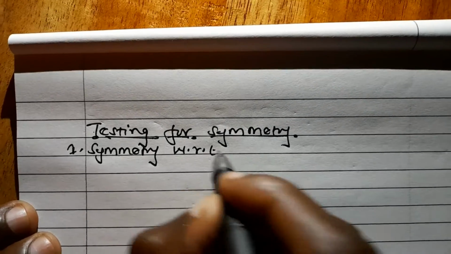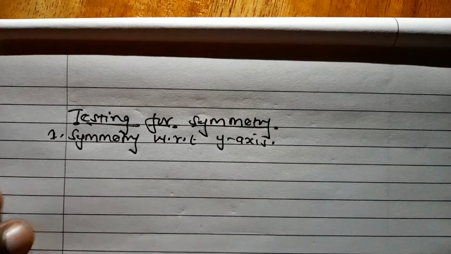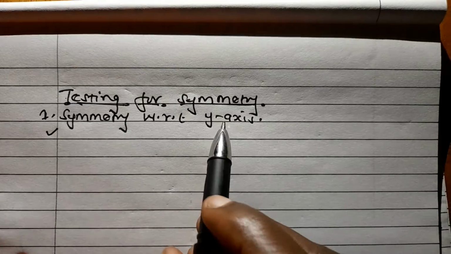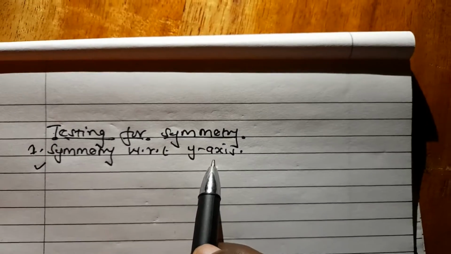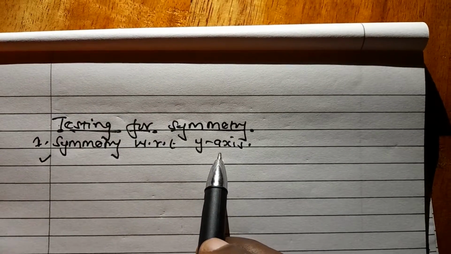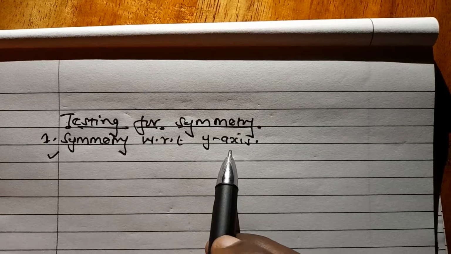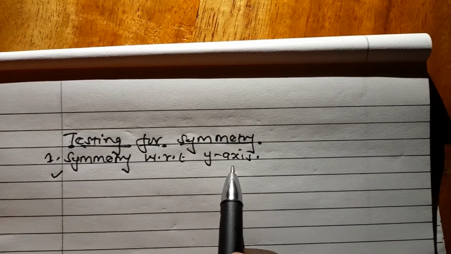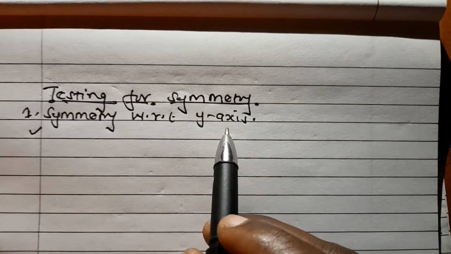How do we test for symmetry with respect to the y-axis? You realize we said a graph is symmetric with respect to the y-axis if whenever we have a point x comma y on the graph, then we will have another point negative x comma y also on that particular graph.